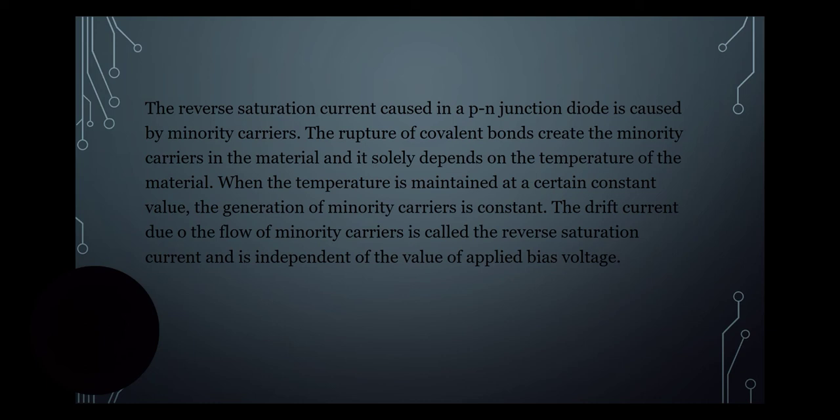When the temperature is maintained at a certain constant value, the generation of minority carriers is constant. The drift current due to the flow of minority carriers is called the reverse saturation current and is independent of the value of the applied bias voltage.